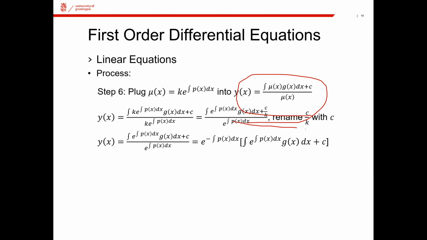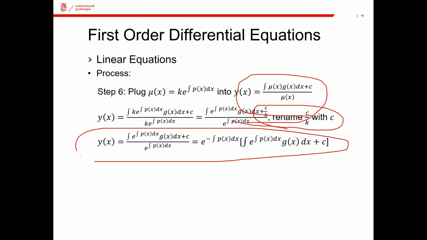And here the same logic: rename c divided by k with c, since k is a positive number and c can be any number. So the new c will still be any number. And then this is the final solution, the general solution.